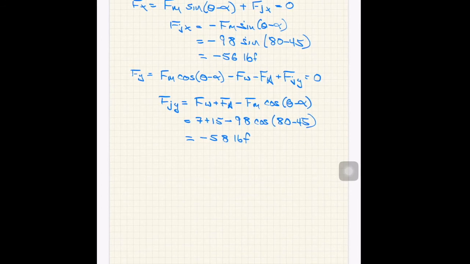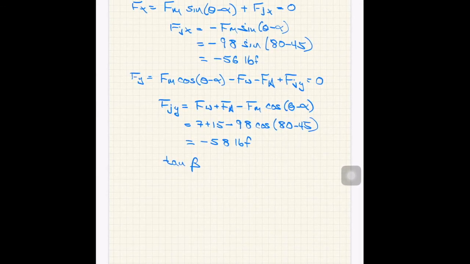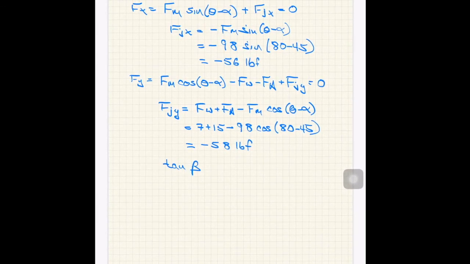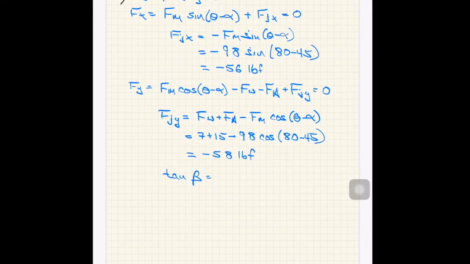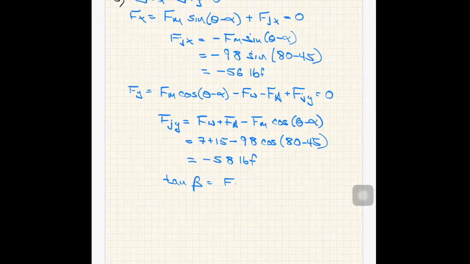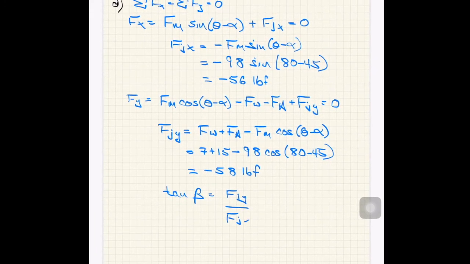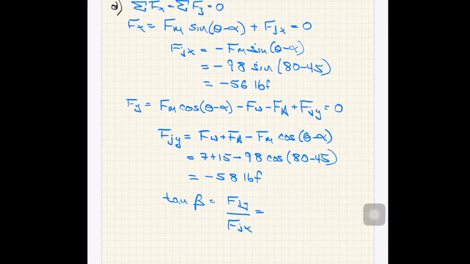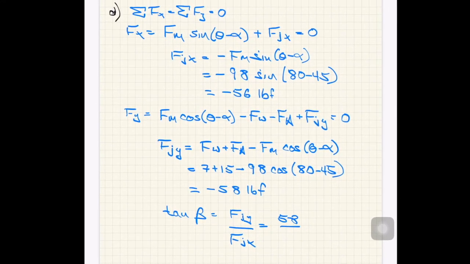Well, it turns out that the tangent of this angle, which we're going to call beta, the angle of the direction of f of j, is going to be equal to fjy over fjx, and we can plug those two numbers in, 58 over 56.